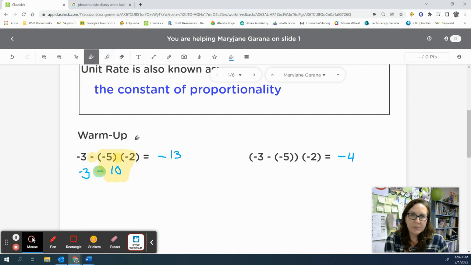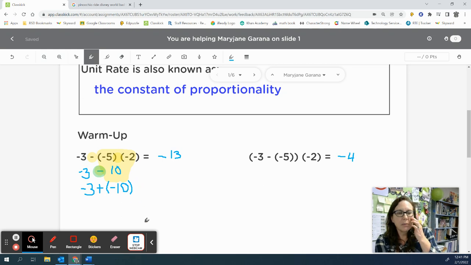What should you be doing? Right, you need to change it to an addition problem. In this case, we keep the same first number, we change it to addition, and then we take the opposite of the second number. So now we have 3 plus negative 10.